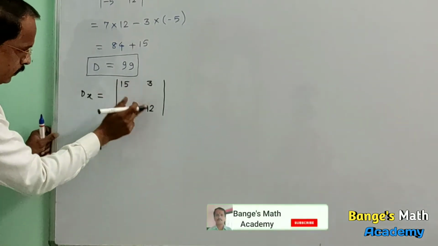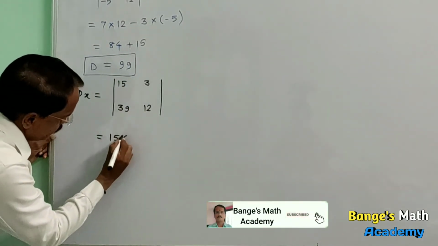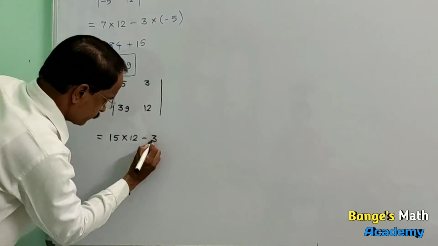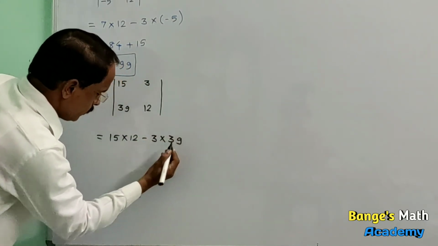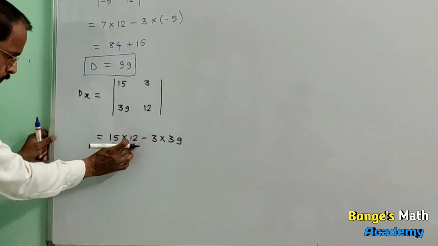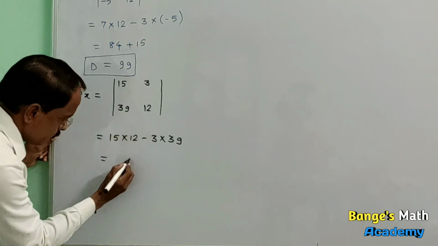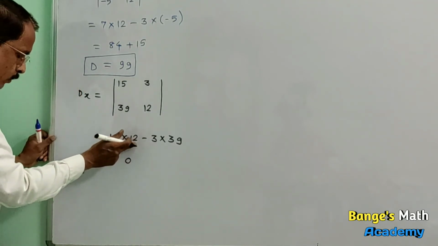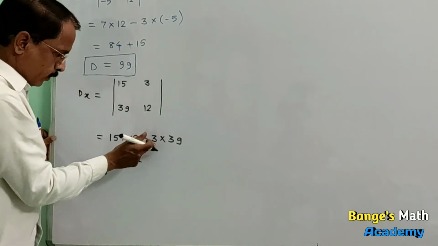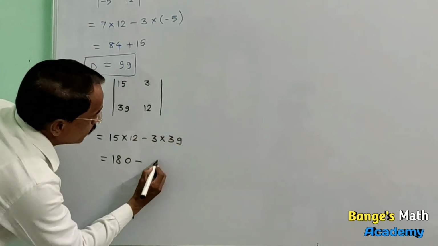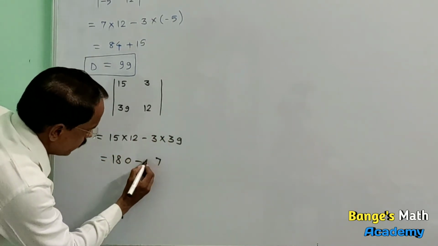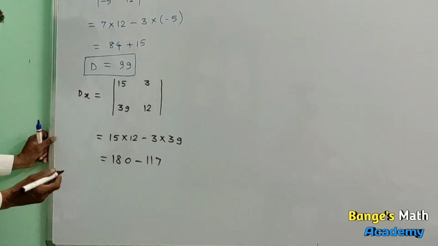Simplify this. 15 into 12 minus 3 into 39. Product of this, 15 into 12: 12 fives are 60, write 0, carry 6. 12 ones are 12 and 6 is 18, so 180. Minus 3 into 39: 3 nines are 27, write 7, carry 2, 3 threes are 9 and 2 is 11, 117.